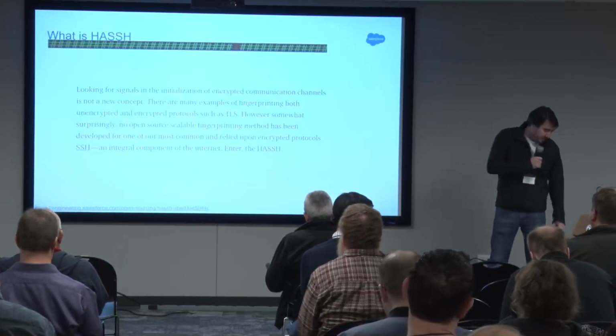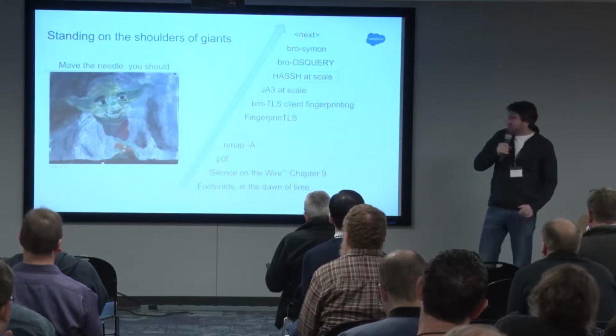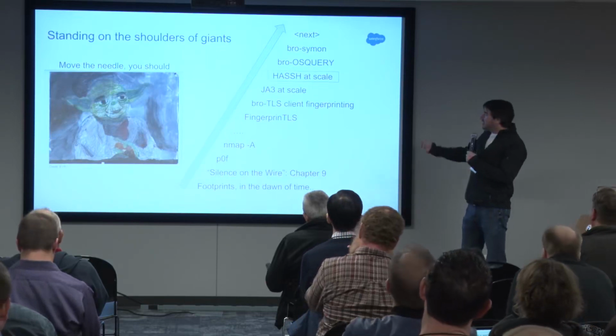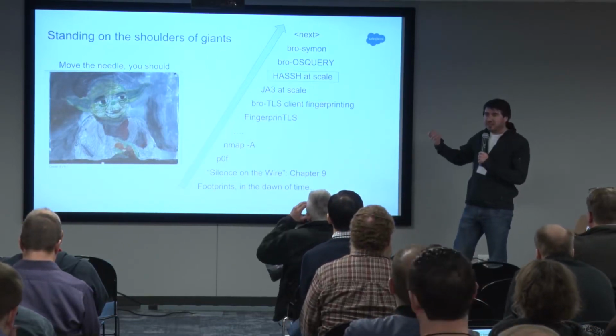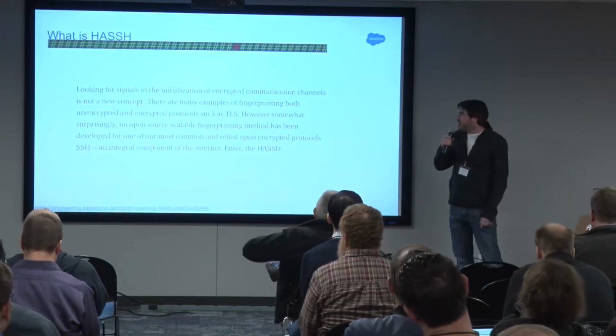It's great. As far as we could tell, no one in the fingerprinting space had open sourced any sort of tool for fingerprinting SSH. So nothing really existed there. That's why this came about.